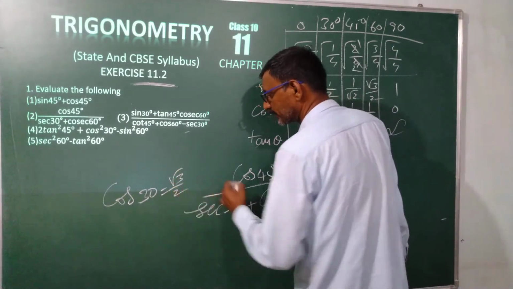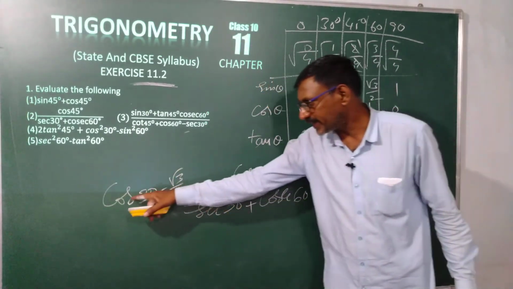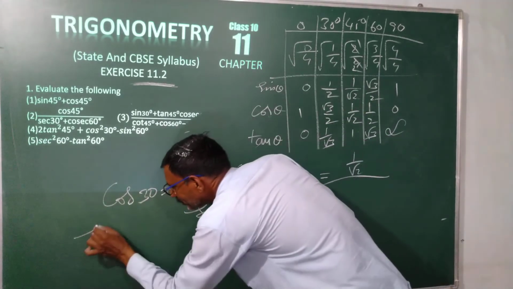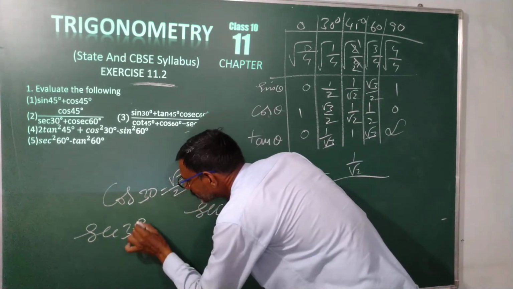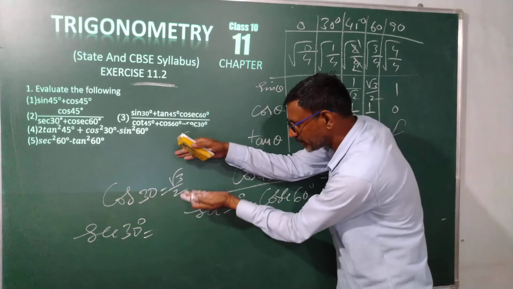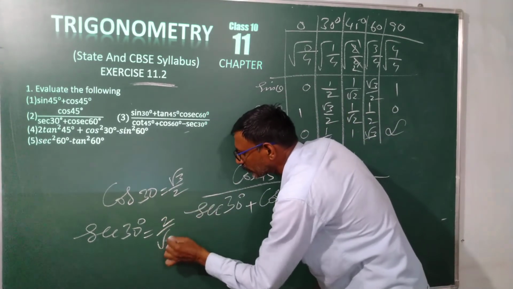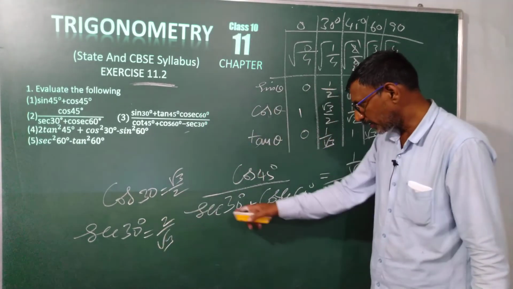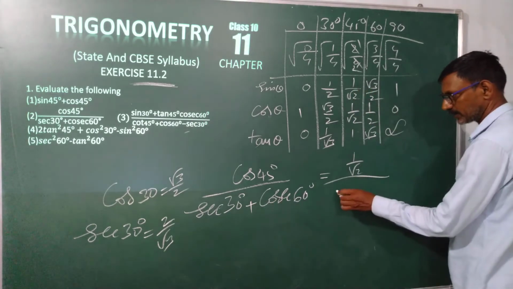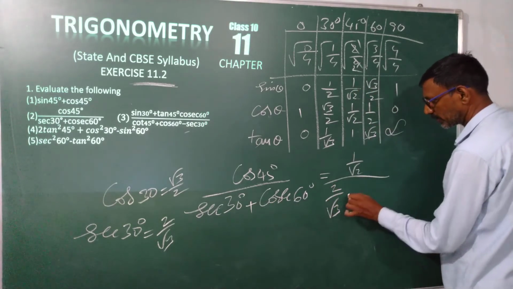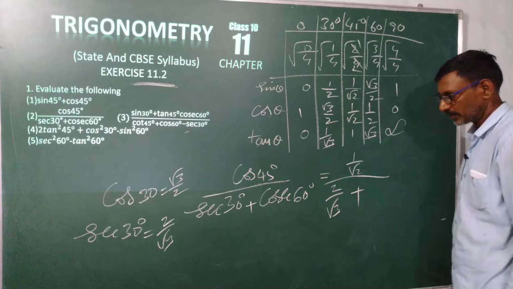Root 3 by 2. Its inverse ratio is sec. Sec 30 degrees, reverse it, 2 by root 3. So in place of it, I can write 2 by root 3, plus as it is written.